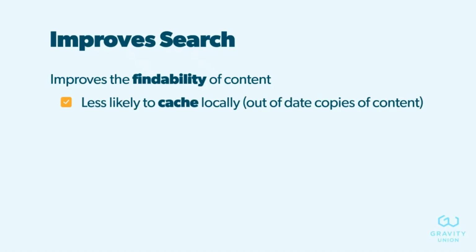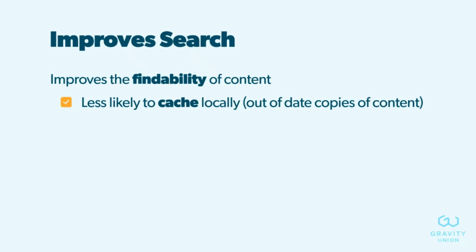So one big thing is when we focus on the user experience, we tend to improve search of content, and so the findability of content improves, and that means it's going to be a lot easier for people to find stuff.